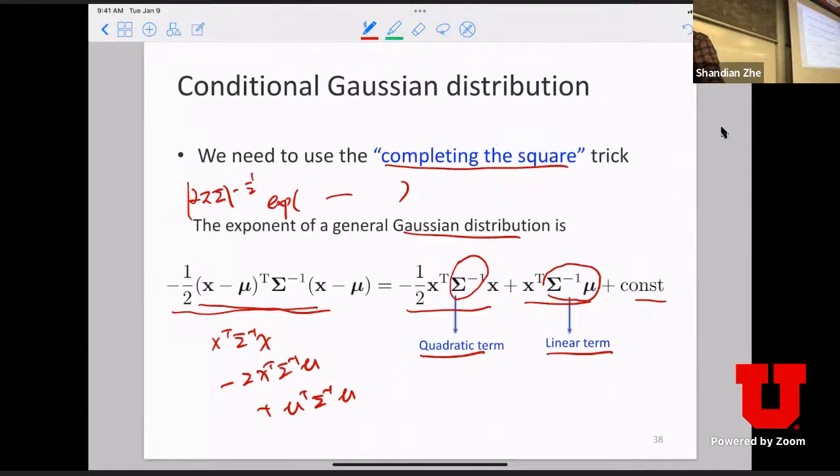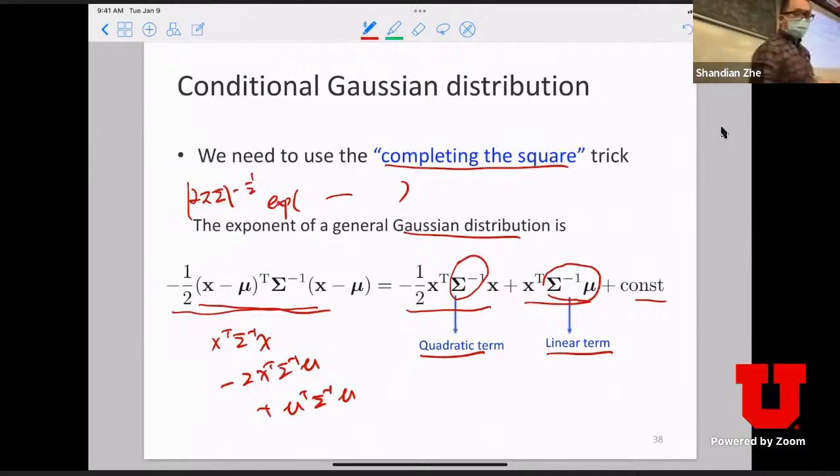So in whatever computation, if you want to check whether something is a Gaussian, you just look at all the terms regarding x. If it contains a quadratic term and a linear term, then it must be a Gaussian.